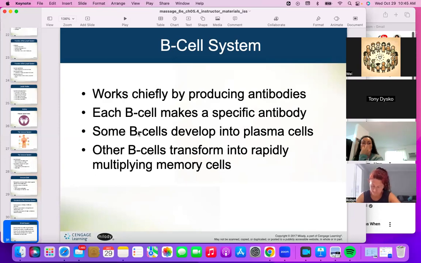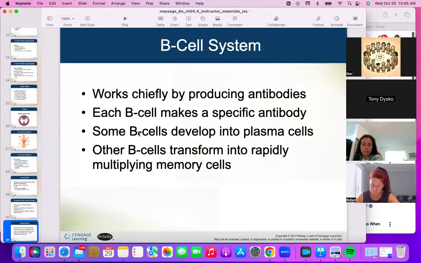Okay, let's talk more about the B cell system. What a B cell does is intercept an antigen. It produces a specific antibody that fits it to disable it.